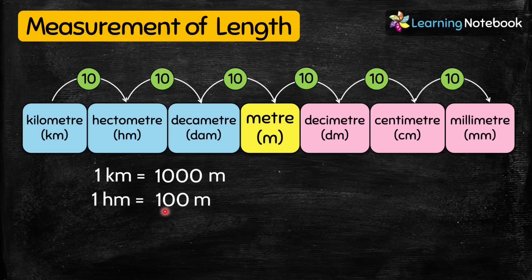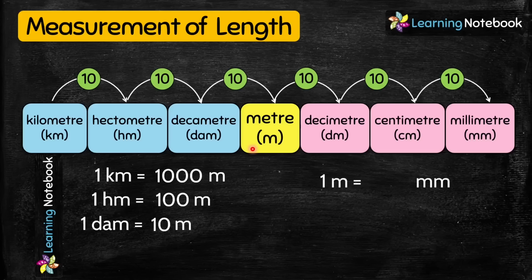So 1 hectometer equals 100 meters. Similarly, 1 decameter equals how many meters? We need to jump only once. So it means 1 decameter equals 10 meters.